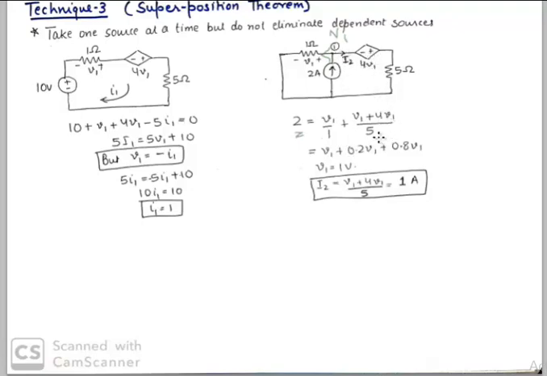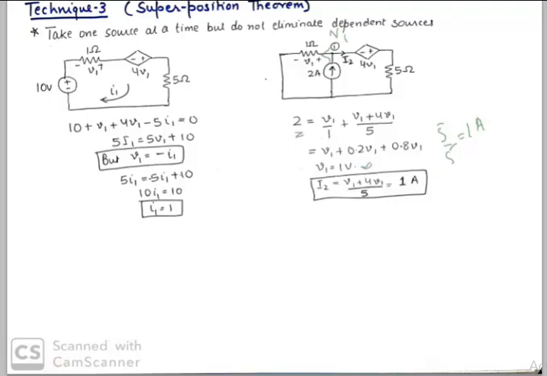Voltage drops upon resistance, so I get V1 to be equivalent to 1 volt. And because I need to find I2, I2 is V1 plus 4 V1, because V1 is 1, so I get 5 upon 5, which is equivalent to 1 ampere.